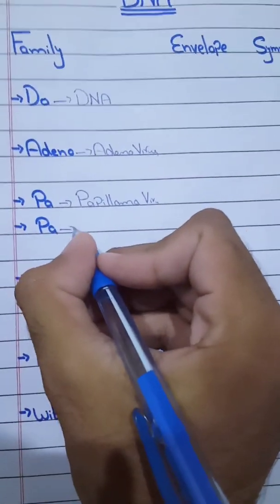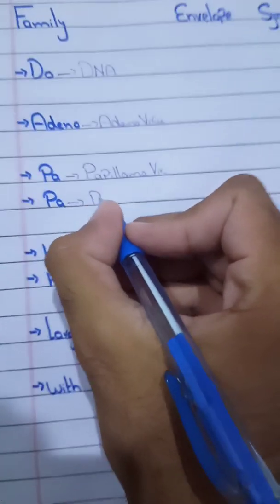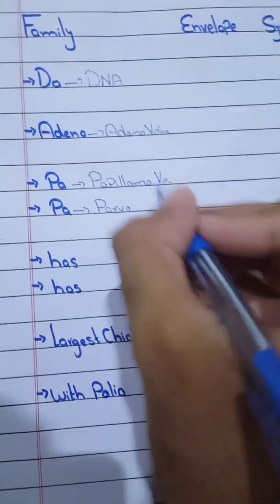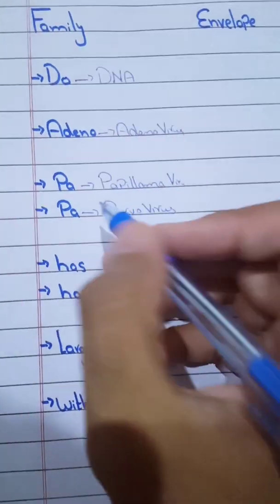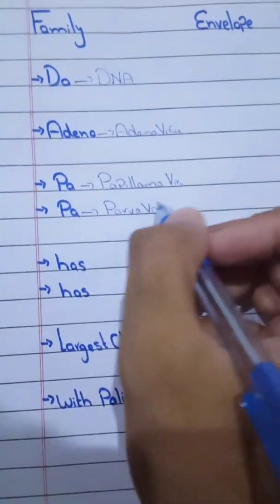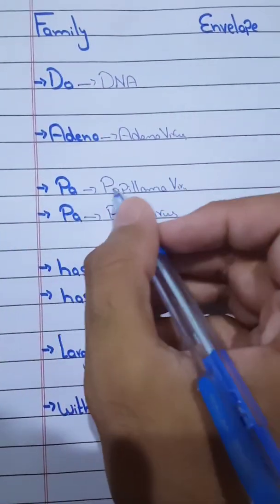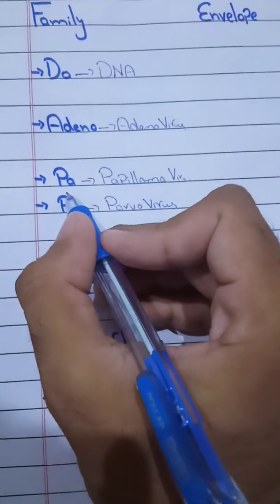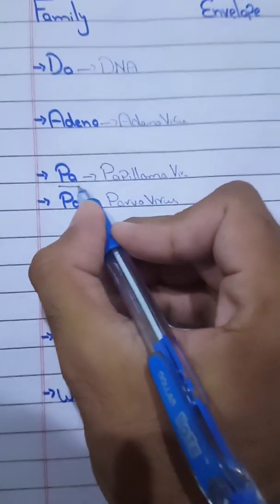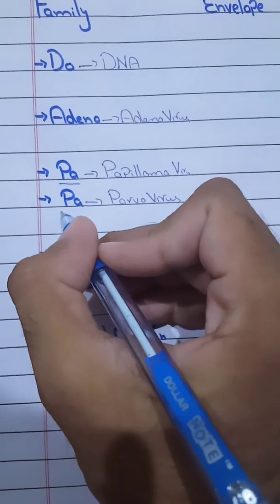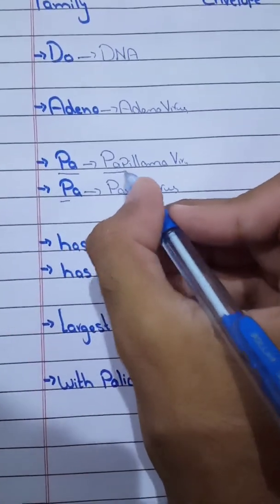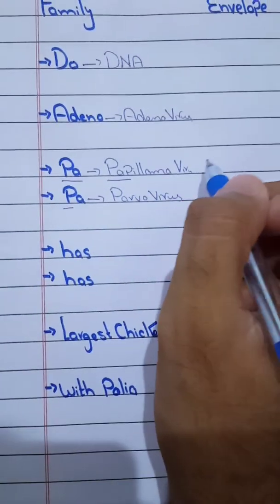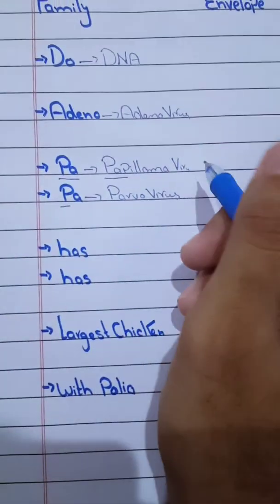From the next PA you will remember parvovirus. If you forget, from one PA there is papilloma virus and from the next PA, what is the name? Simply take two P and A from this and the next P from this, PAP. You will remember papilloma virus and the second is the parvovirus.